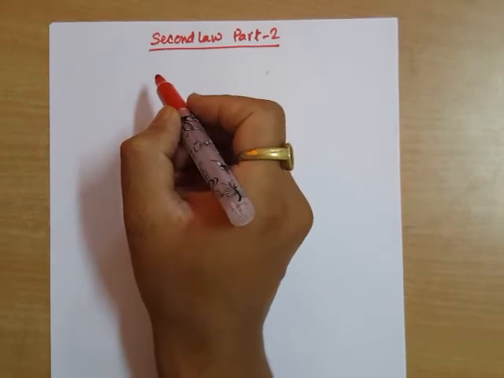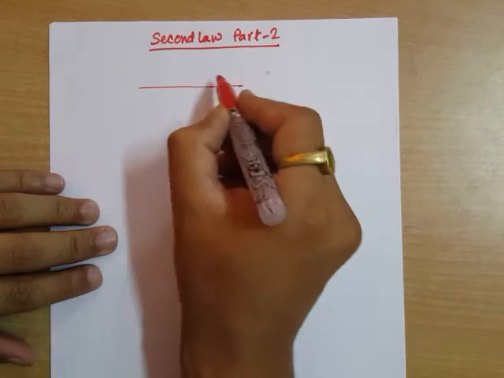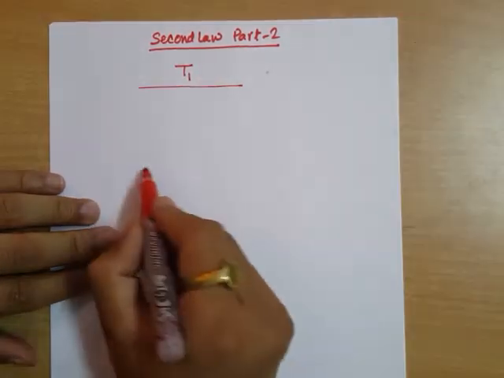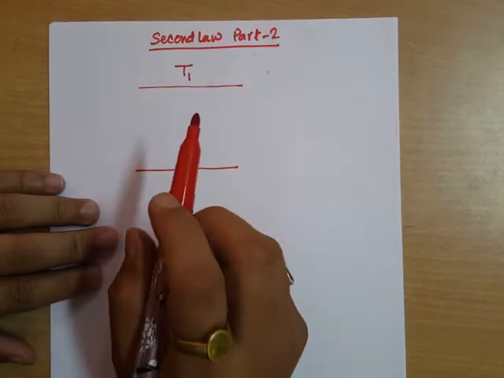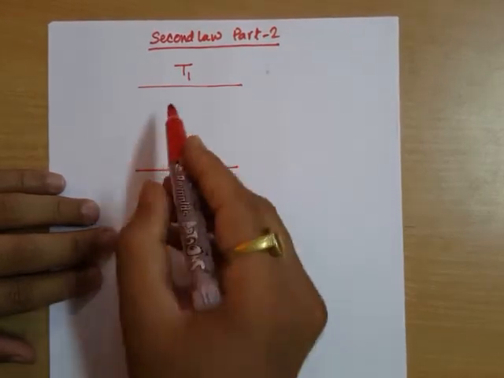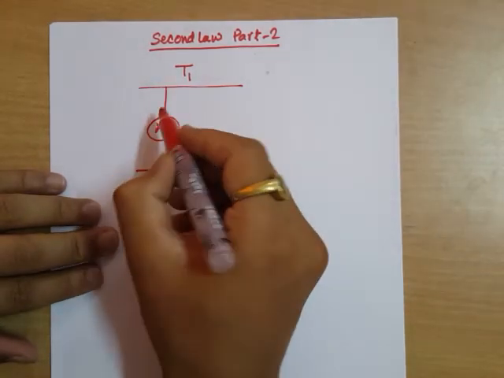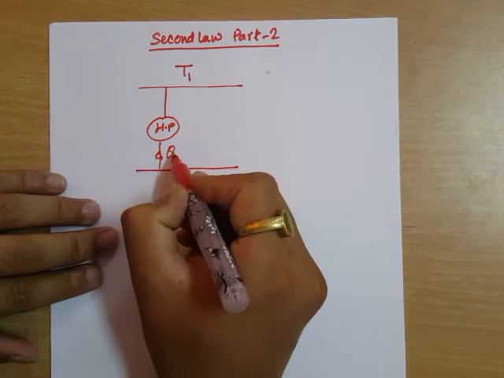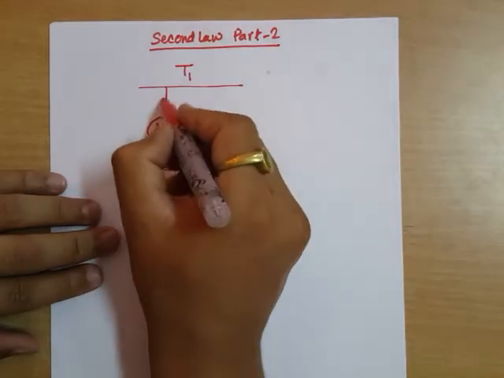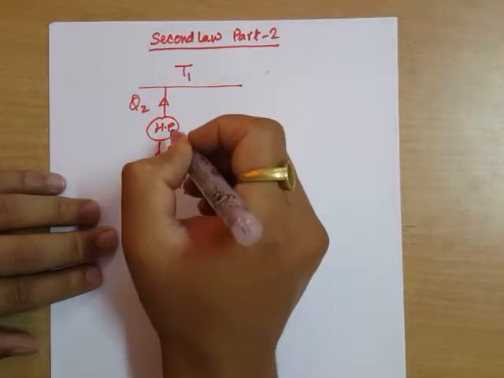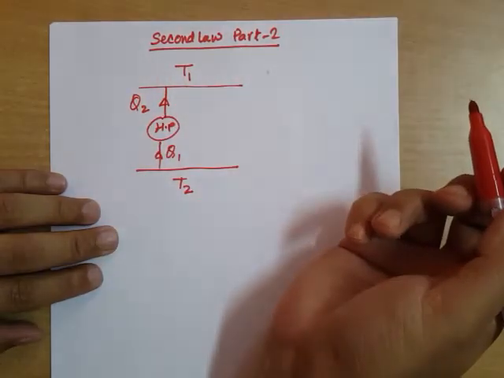Consider a case in which we have a reservoir at temperature T1, and another reservoir at temperature T2. Between these reservoirs, a heat pump is working, taking heat of Q1 amount from the T2 reservoir and delivering heat Q2 amount to reservoir number 1, at temperature T1.